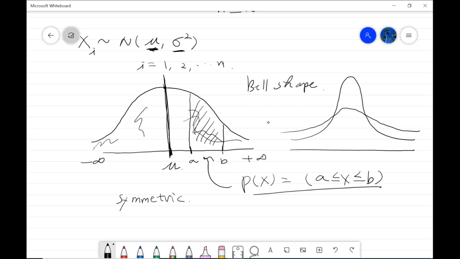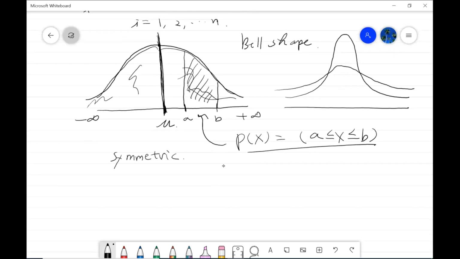For example, once you draw this bell shape on paper and fold the paper at the center of the mean, this line and this line exactly match. Why? Because the left side and the right side in the middle of mu are exactly the same. That's why drawing the normal distribution correctly on a graph is not an easy job. It's very hard.